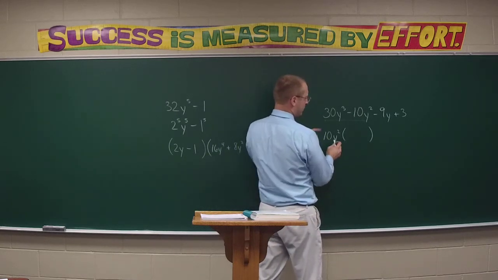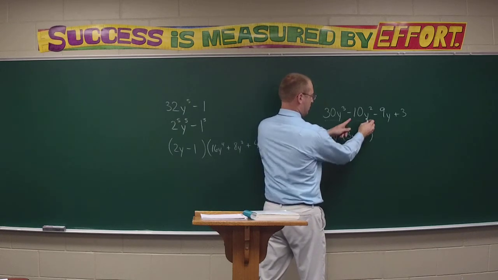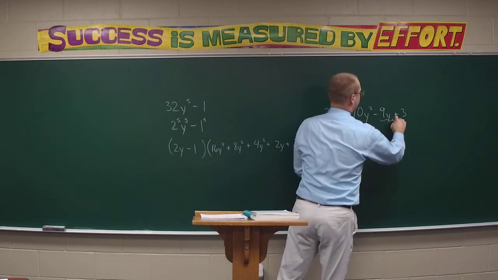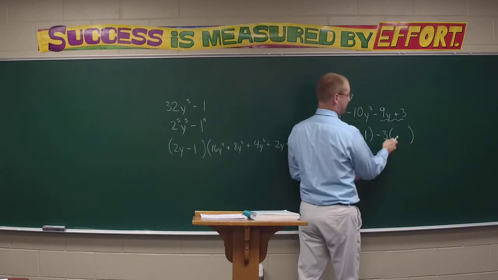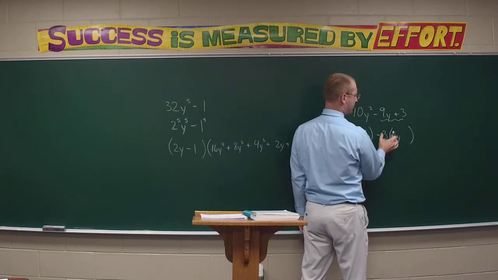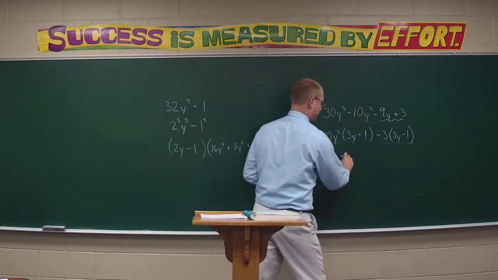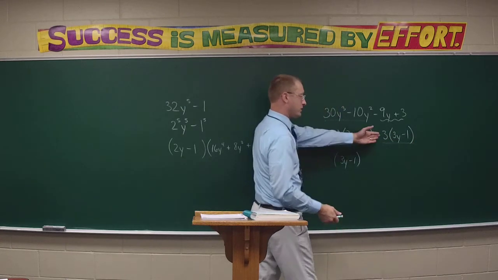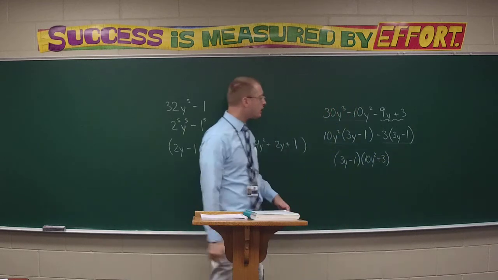Y. Well, dividing here, 3y minus. And then here, what's common? Negative 3. And we pull that out, or divide by the negative 3. 3y plus 1. Oh, minus 1. Minus 1. And now we can see that in these two terms, there's a 3y minus 1. And once we pull that out, all that's left is a 10y squared negative 3. And there's our answer.